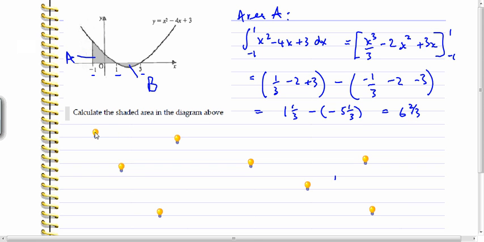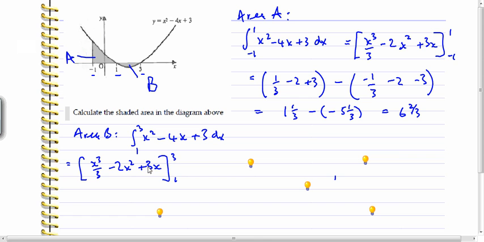Then we do a similar thing for area B, but this time it's the integral between 1, the intersection with the x-axis, and 3 of the same function. So we integrate and get the same expression, obviously, but this time between 3 and 1. And we sub in 3 carefully. 3 cubed gives us 27. Just check that you can do that.